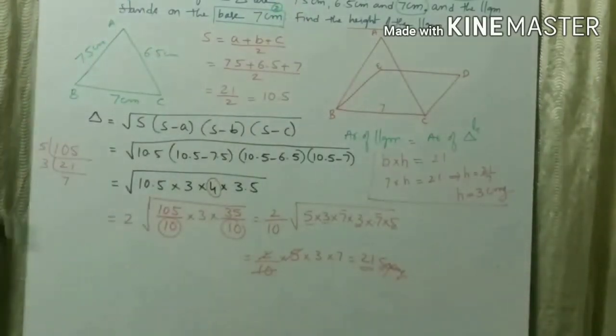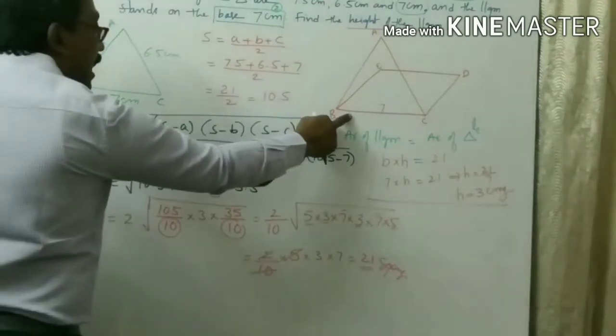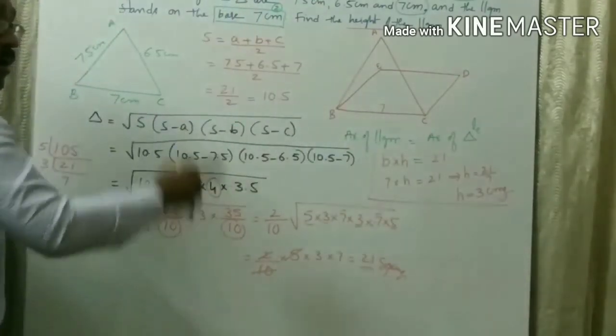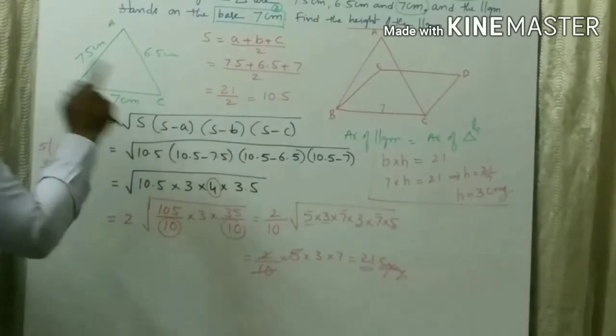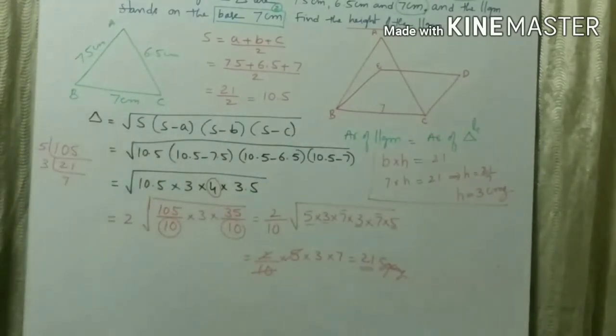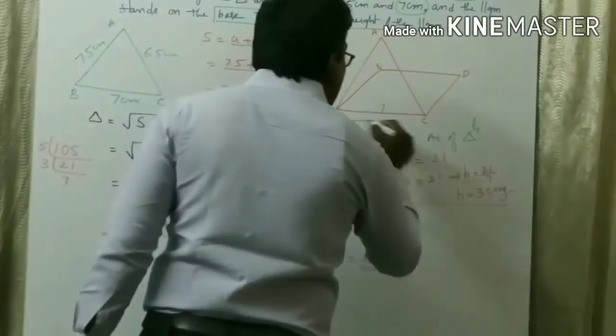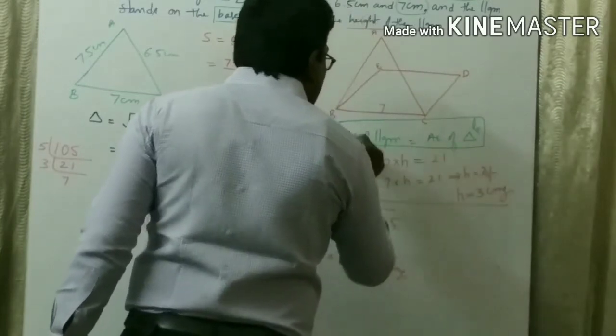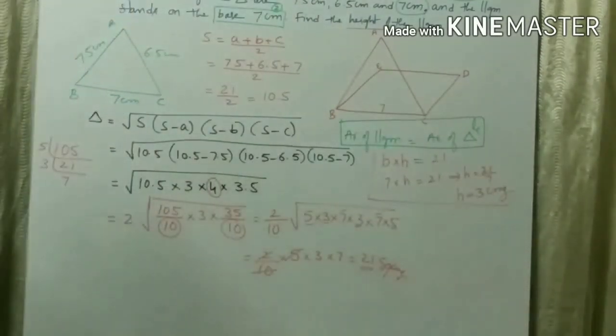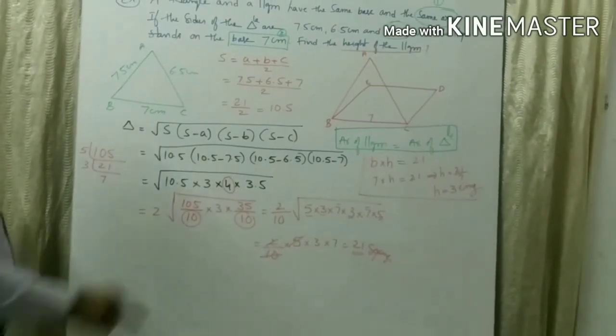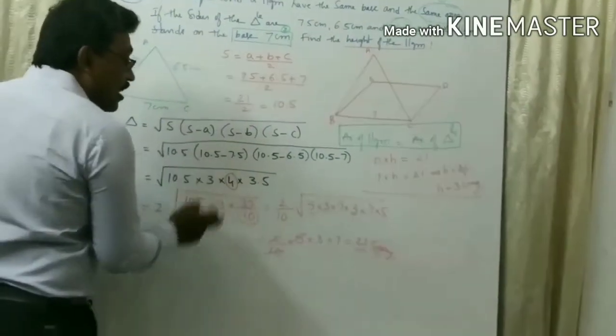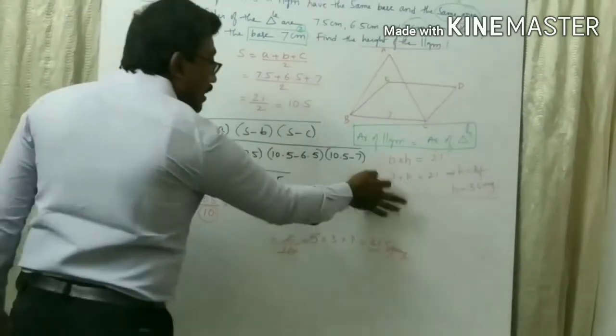Those two things you have to analyze. Then only you should apply the diagram. You should draw the diagram, apply the things in the diagram, and then you should think. The clear given information is this one. Area of parallelogram is equal to area of triangle. For that, there is a chance to find area of triangle by using Heron's formula, and we did like this.